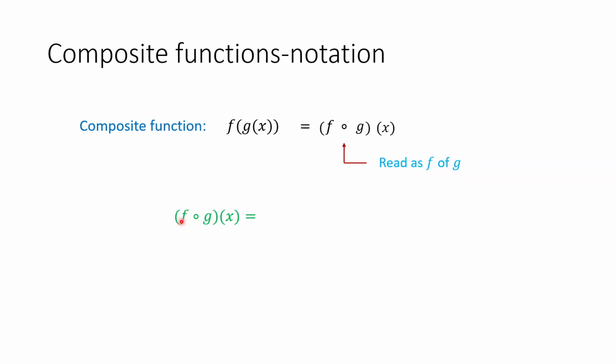So, f of g of x is equal to, write f and inside put g of x. Like this, g of f of x is equal to, write g and inside put f of x.